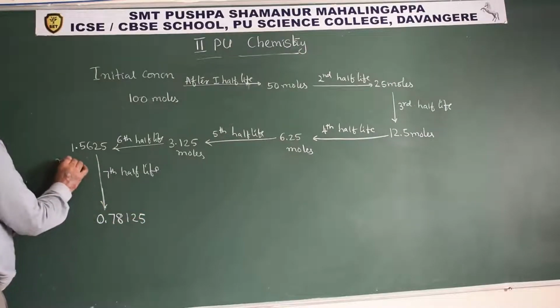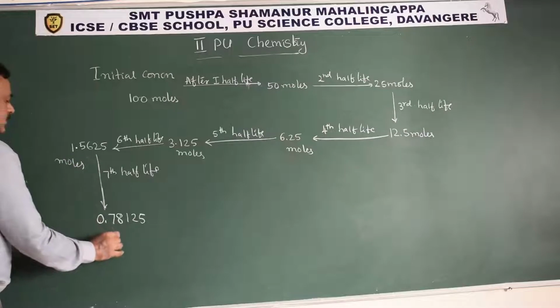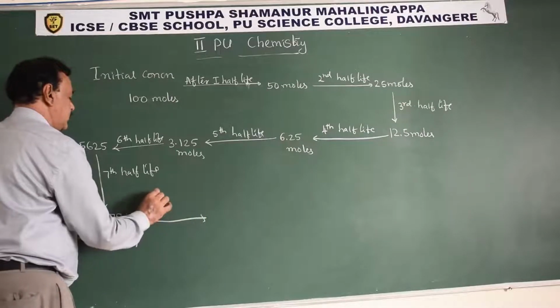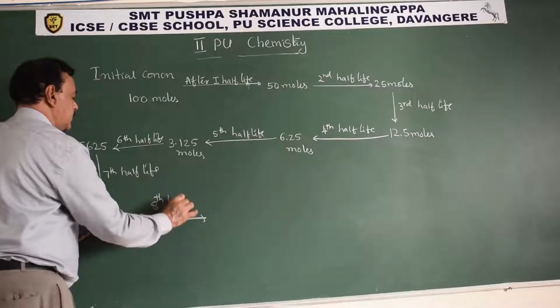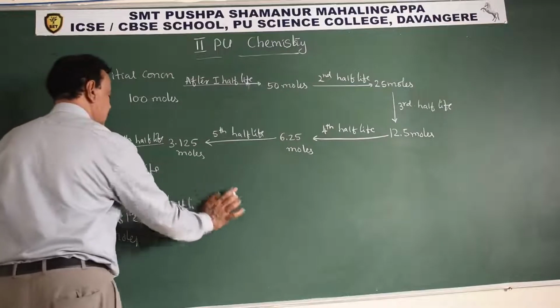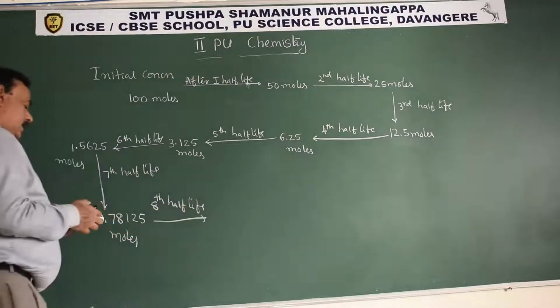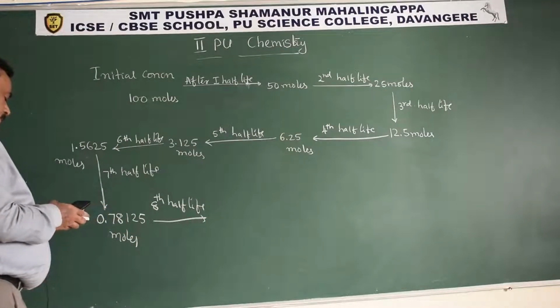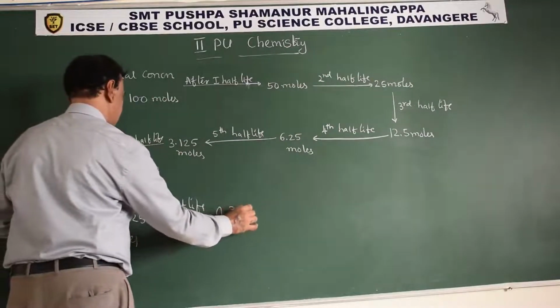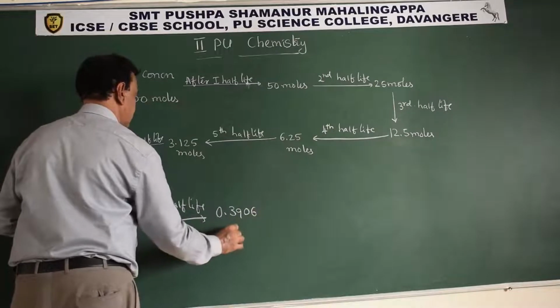This is in terms of moles. Eighth half-life, again this is halved, 0.3906 moles.